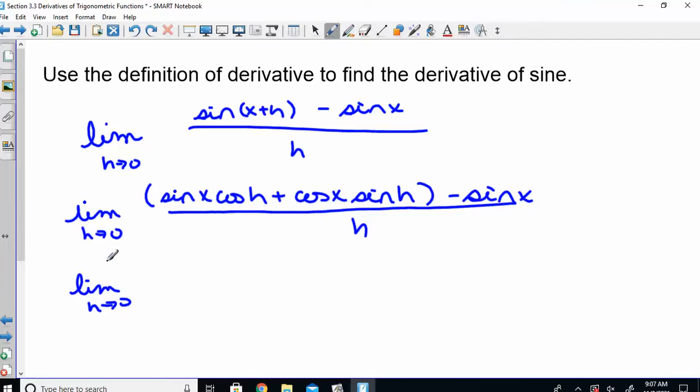So let's try to maybe regroup a little bit. Both of these have a sine x in them. So I'm going to put those two terms together.